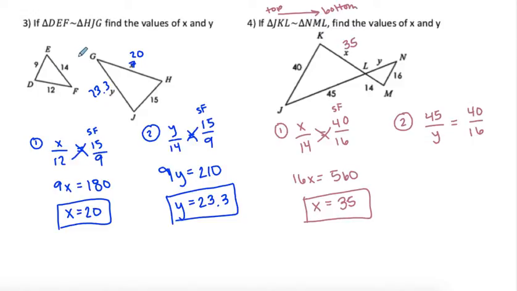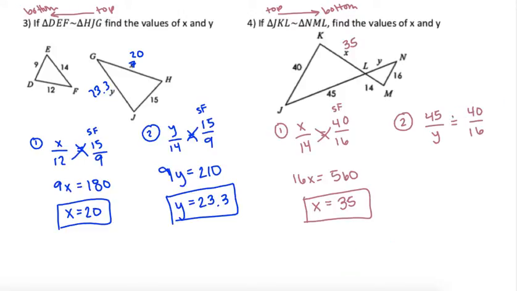So on this one, it didn't matter because the 2 unknowns were on the same one. So we had actually gone this direction consistently, where this was the top and this was the bottom. We just have to be consistent. So I could not have set this up and said 45 goes with y the same way 16 goes with 40. This would not be correct.